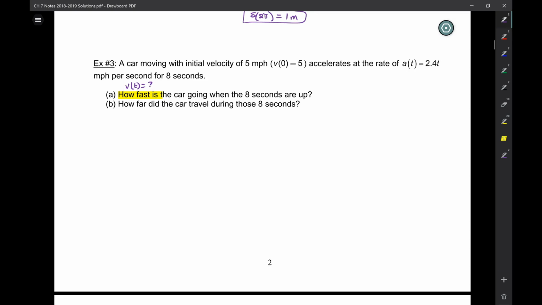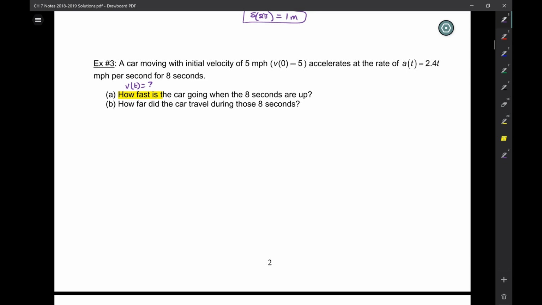It was initially going at 5 miles an hour, and then it started accelerating. When it started accelerating, it didn't start at 0. It already had an initial velocity. So it's the initial velocity plus how much more was added to it through the acceleration.